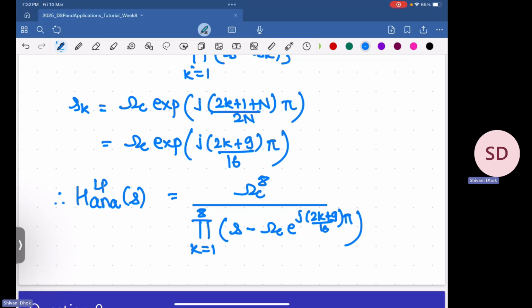So this is the analog low pass. I am not going to simplify it further. This is what we have now.